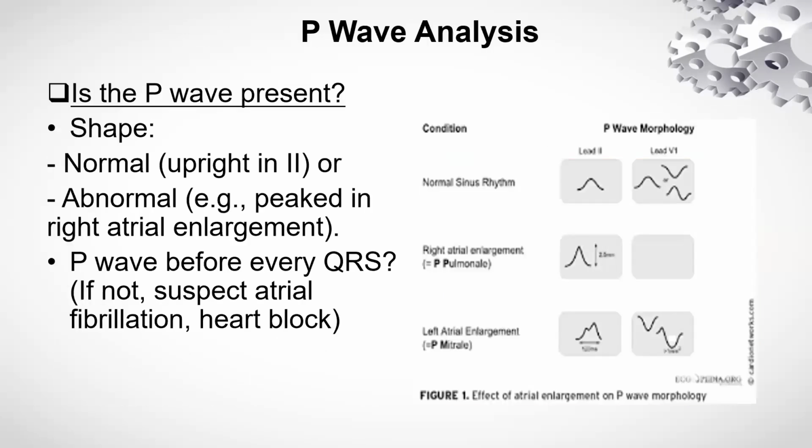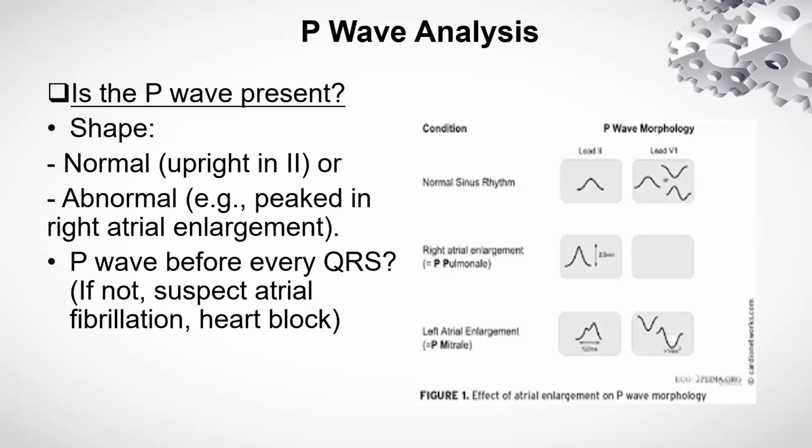Now look at the P wave. We're going to look at the analysis of the P wave. The first thing is, is there a P wave at all in this ECG? Absent P wave is an atrial abnormality, atrial fibrillation, whatever it is. If it's present, look at the shape.